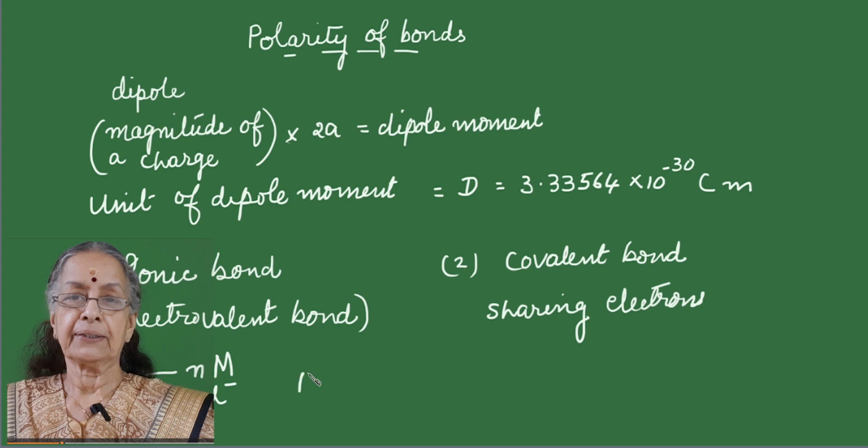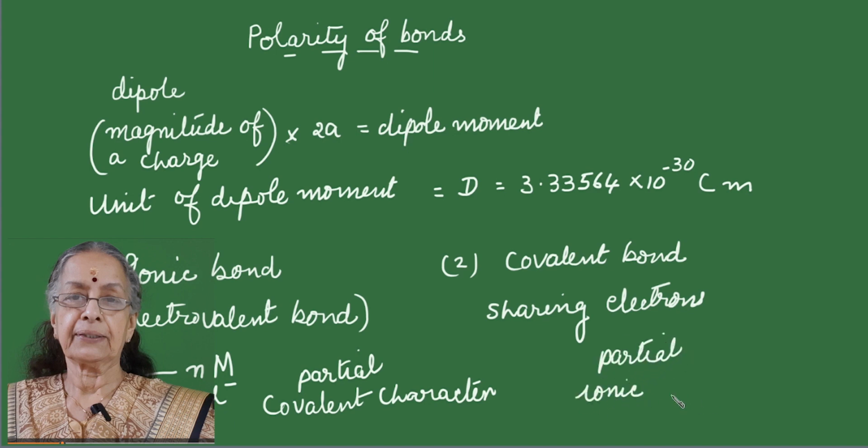Okay, now it has been observed that ionic bonds have partial covalent character. Similarly, covalent bond has partial ionic character. What does it mean?